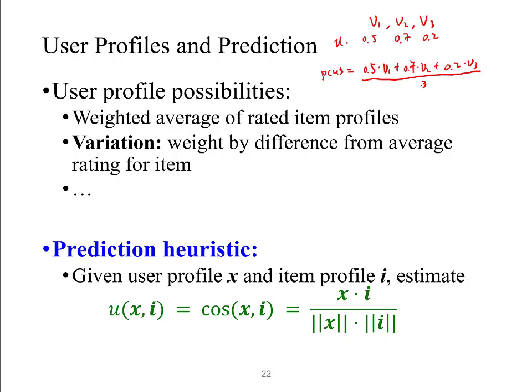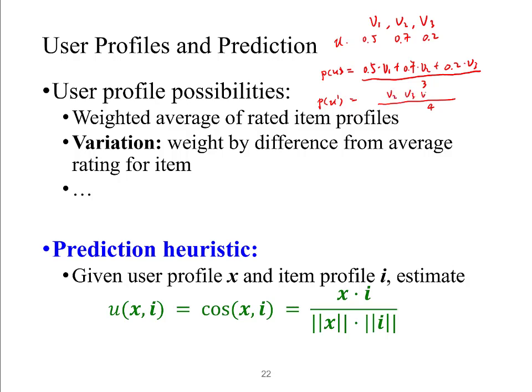This division by 3 is just to do a normalization. You can imagine for another user U prime, if it has, say, 4 items that have been rated, then you are going to divide it by 4.